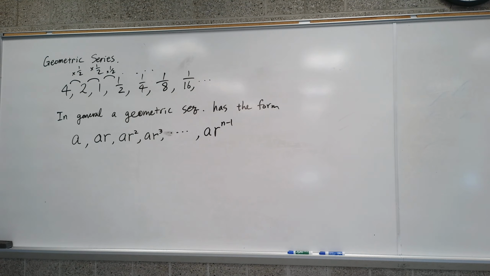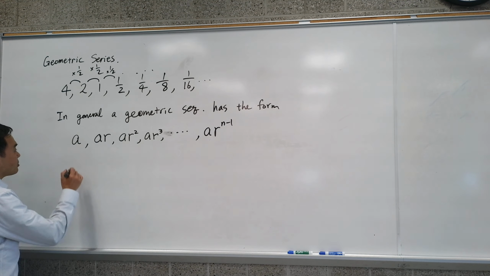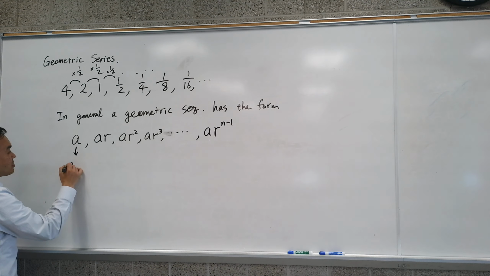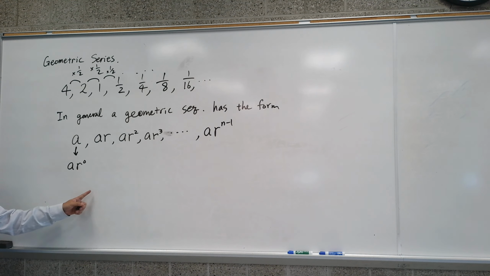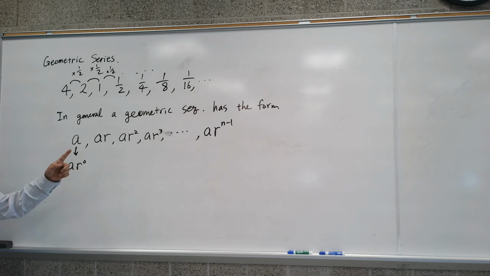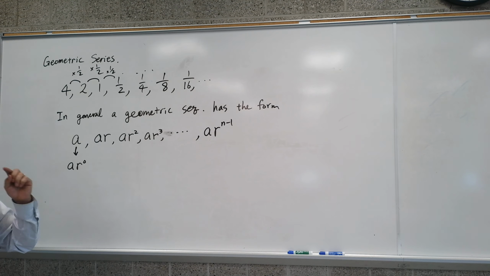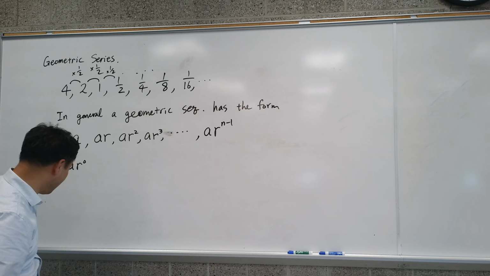Now you might wonder why I stopped at n minus 1. The reason for that is because I can rewrite a as a times r to the 0th power. And if you do that, everything looks like a times r to some power, where the power goes from 0 to n minus 1. And only when you go from 0 to n minus 1, you have n terms. Okay? That's why I stop at n minus 1, not at n.